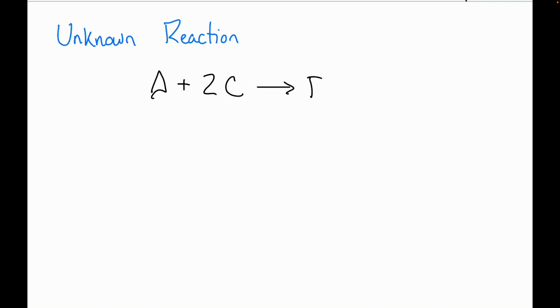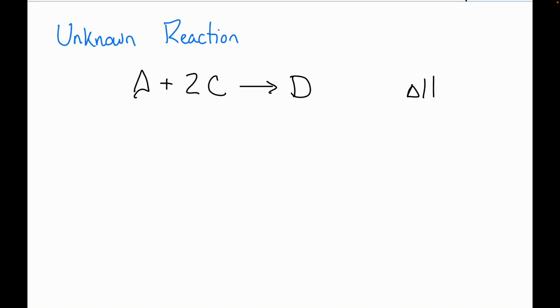Okay, so let's say we have this unknown reaction, A plus 2C gives us D. And we don't know the delta H of this reaction. So we have these two known reactions.